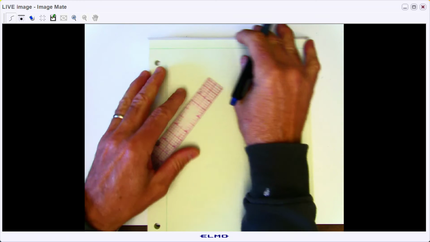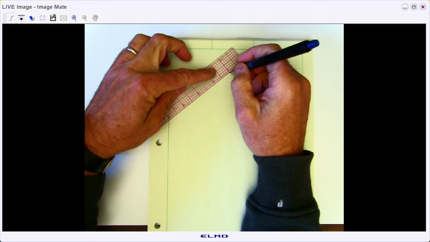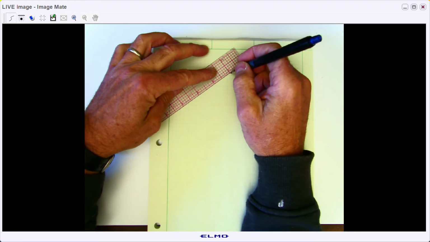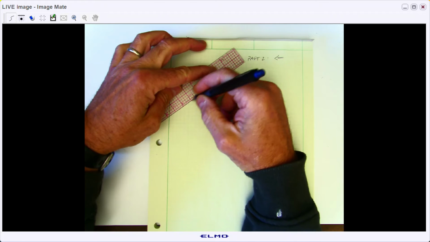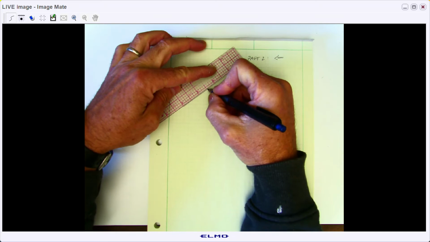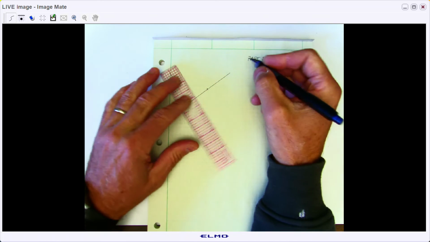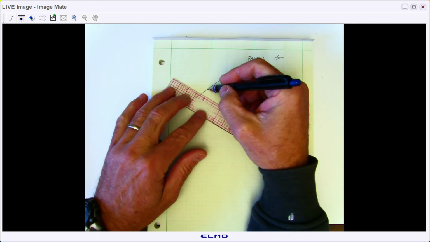So for this one I purposely didn't draw it because I thought it'd be kind of fun to just let the ruler guide us. So I'm going to draw in two diagonals of known length. That one's 3 inches long, there's 1.5 inches. So that's where the diagonal is being bisected, right?